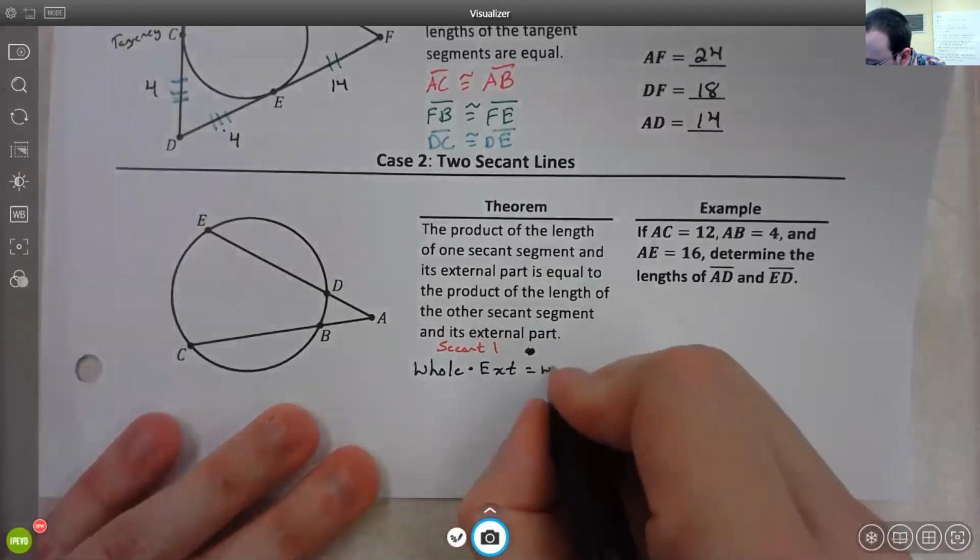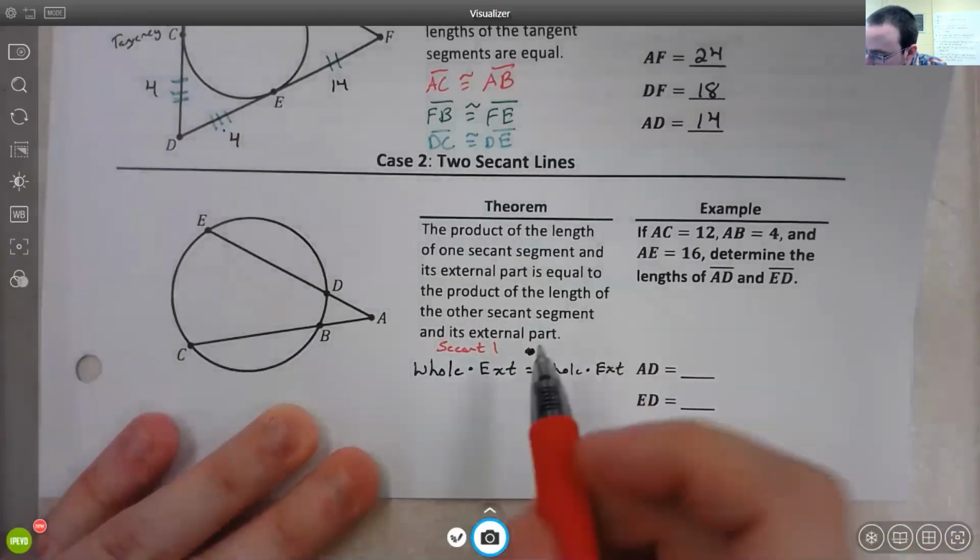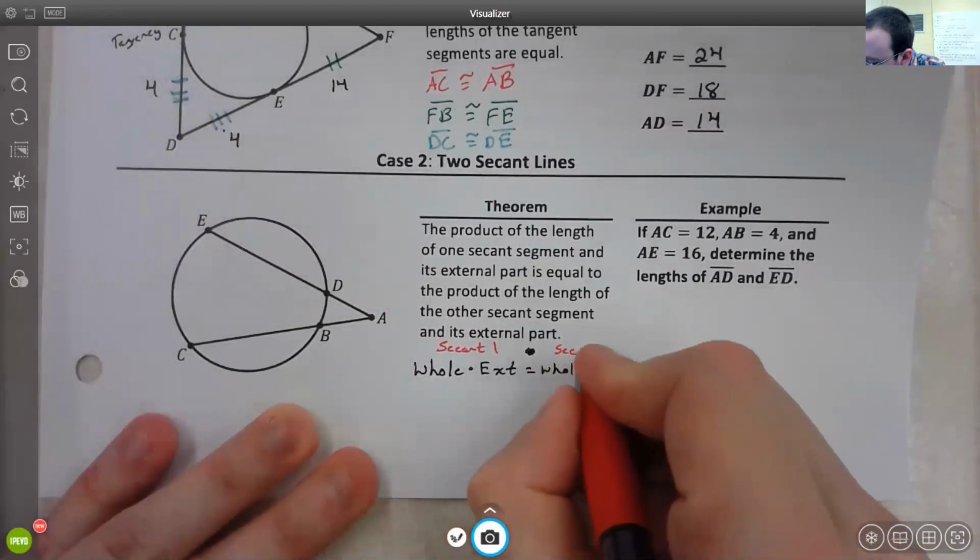So it's the same thing on both sides, just with two different secants. So this is the first secant, this is the second secant.